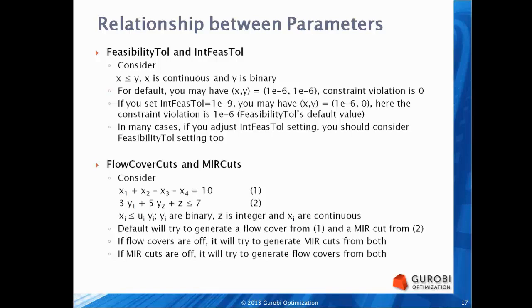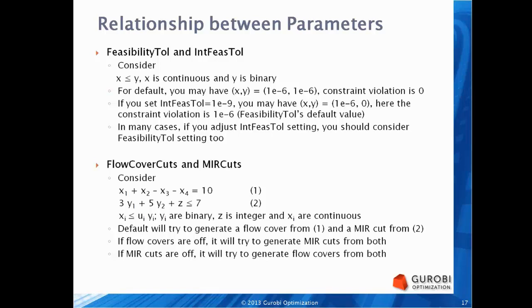But you basically pushed it into constraint violation. So now the constraint has violation equal to 10 to the minus 6. So now if you want a smaller violation, you may want to consider both. They are related. That's what you may want to know.